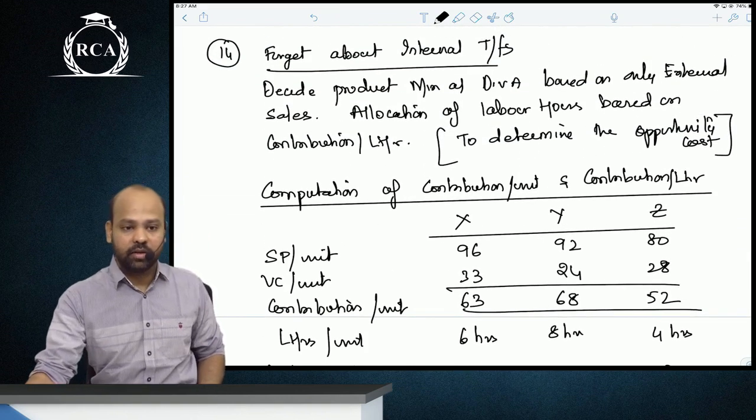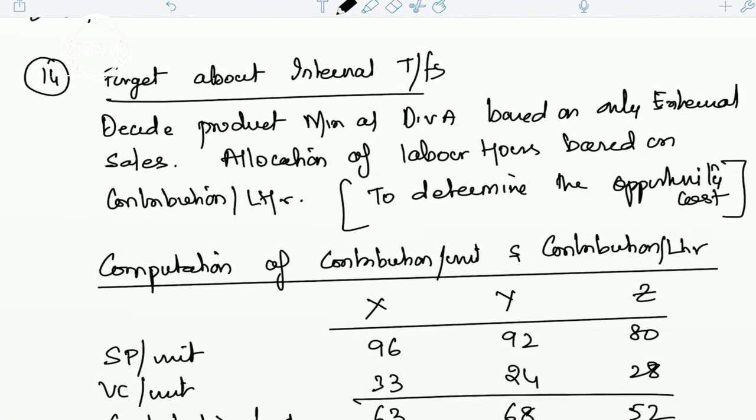Write this, guys. Meanwhile, I'll check the question. Write this, all of you.